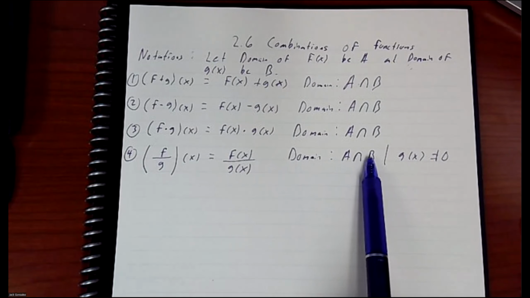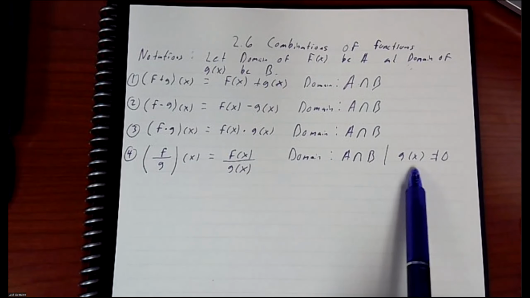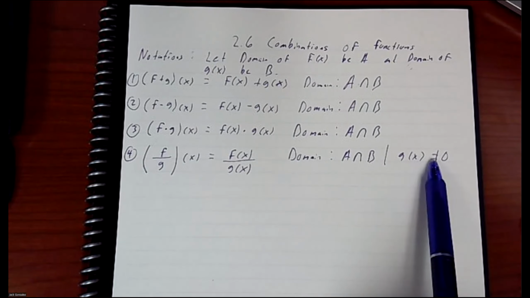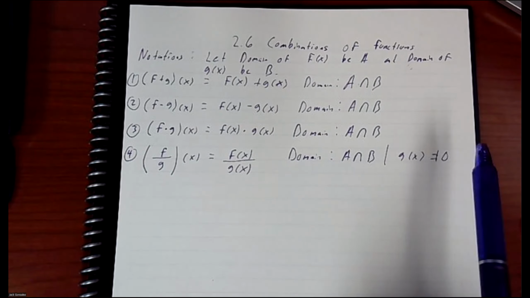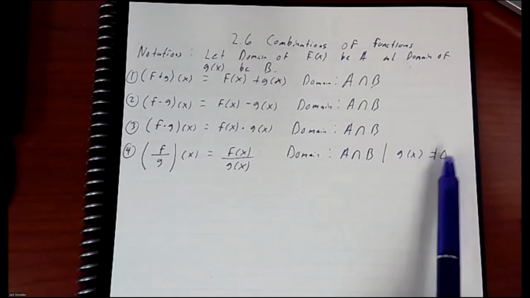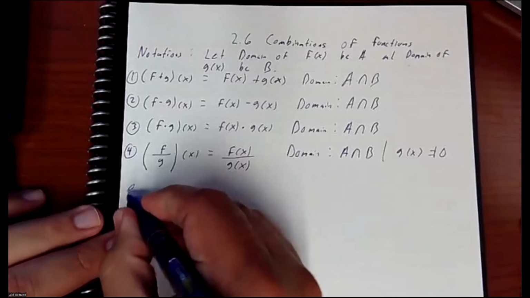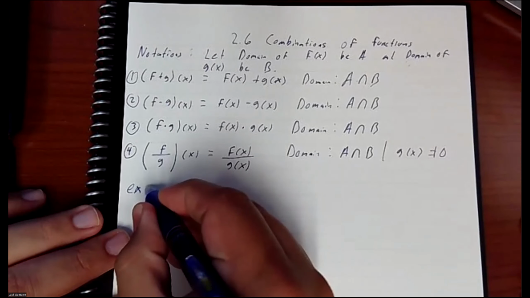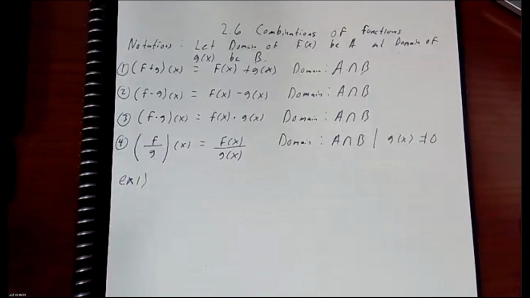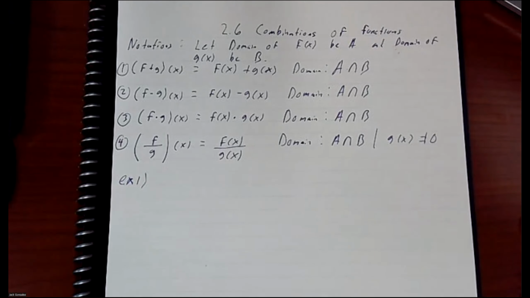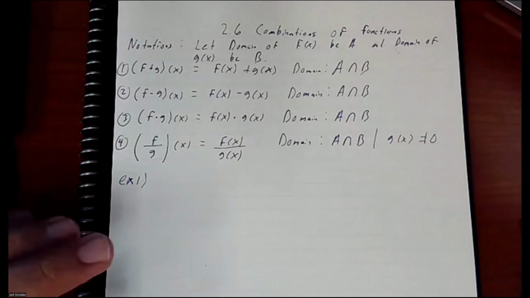So it's still the intersection, but you also have to consider this: A intersect B such that g is not 0. So just some quick notes there. If you saw the videos and read the book, then you already know all that stuff, but just in case, it's a quick overview.